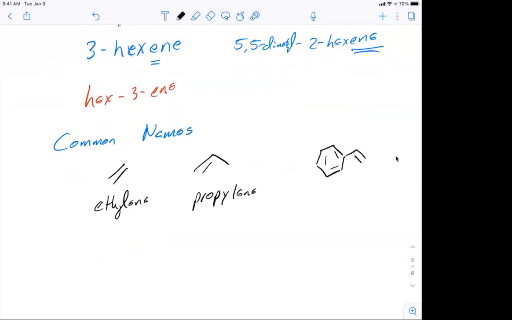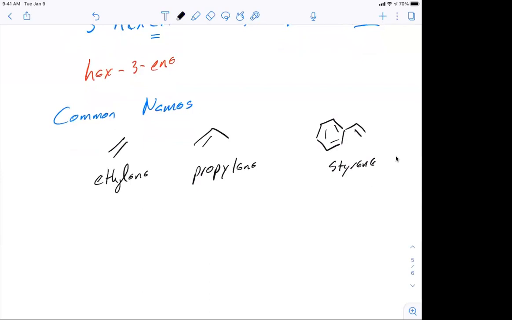So, you've got styrene here. Really kept alive by the fact that their polymers are all named after their common names. But you'll see ethylene, propylene, and styrene specifically in engineering terms, but again, commercially available polymers use these names.